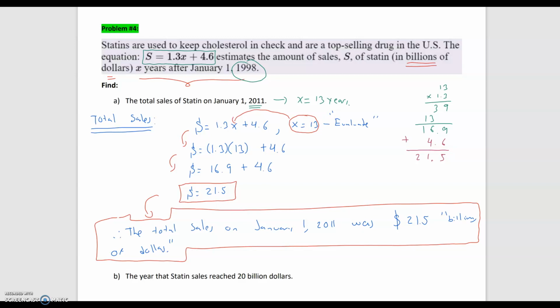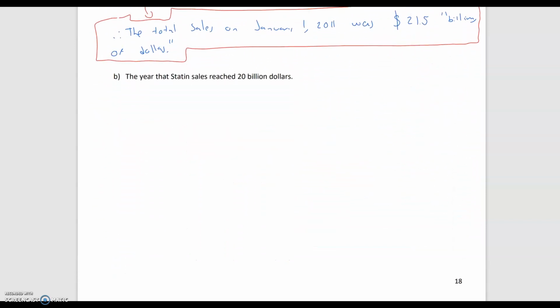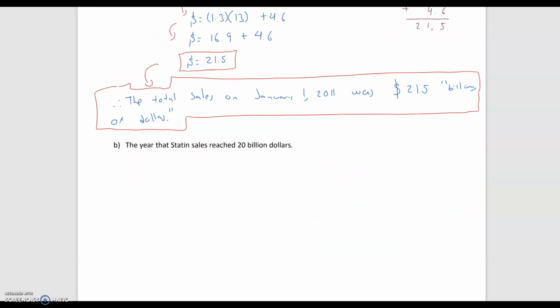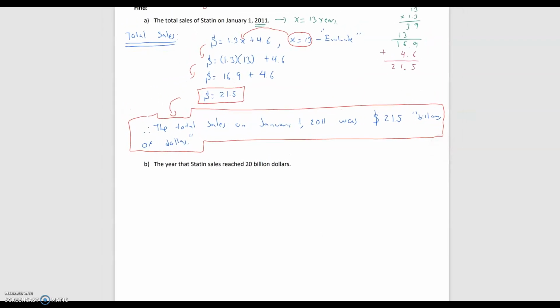And part B, they want us to see what year they reached $20 billion. So let me just rewrite the formula here. In this case, we're going to be using S is equal to 1.3x plus the 4.6.